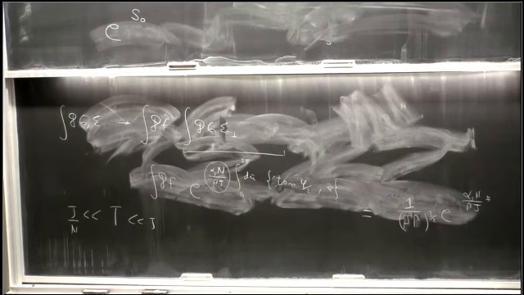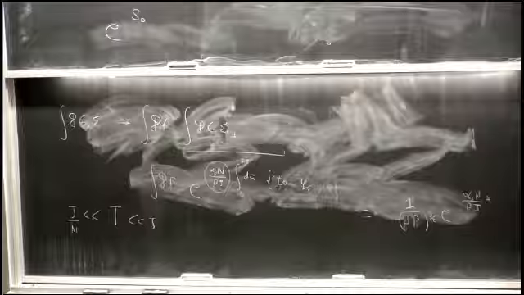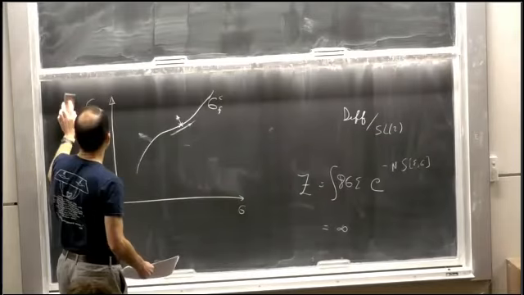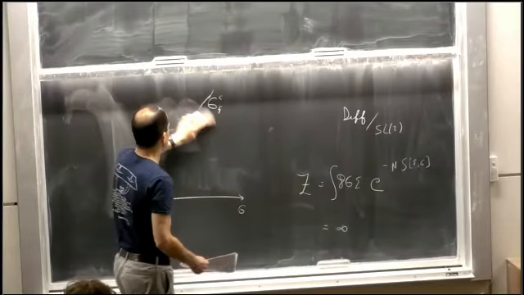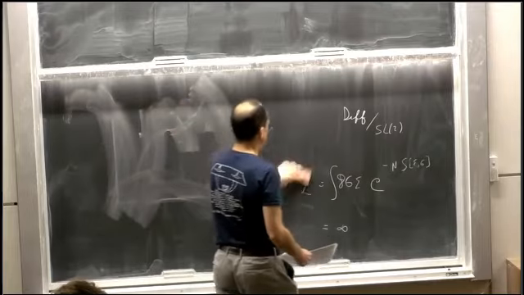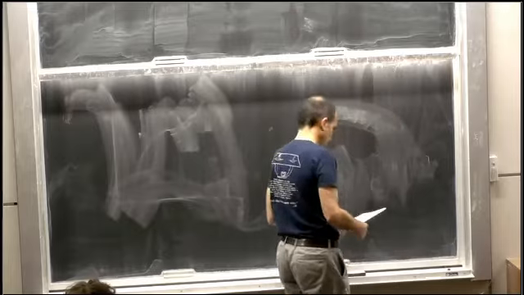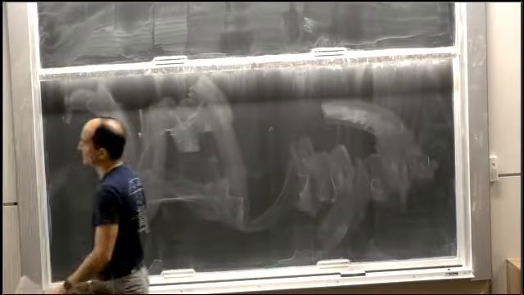Okay, so we said this is an integral along this valley, and we got the final answer. There is one more thing one can do, which is to do a Laplace transform of this expression.